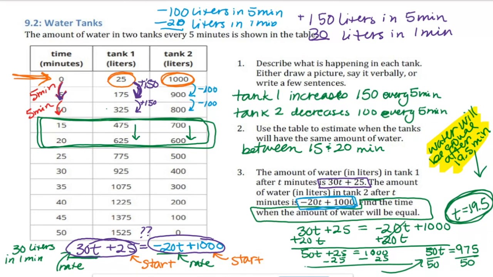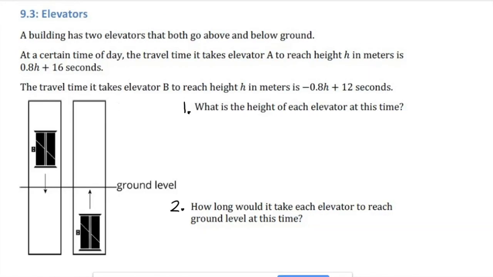Okay, let's look at the next one. 9.3 elevators. A building has 2 elevators that both go above and below ground. At a certain time of day, the travel time it takes elevator A to reach height h in meters is 0.8h plus 16 seconds.